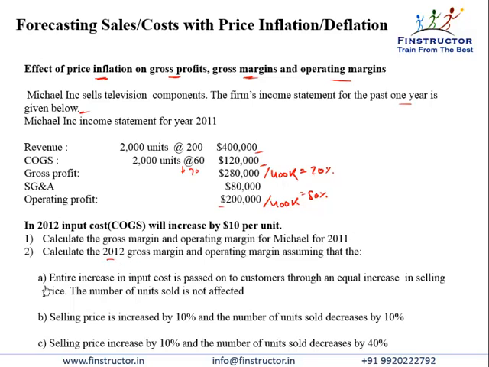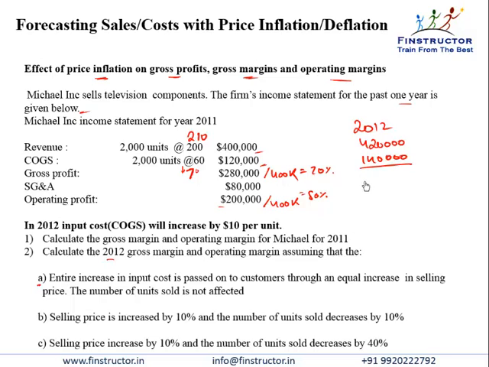For 2012, option A says that the entire increase in input cost is passed on to customers through an equal increase in selling price. So the COGS became 70, the revenue also became 210. So the revenue in 2012 under option A will be $420,000. The COGS would be $140,000.